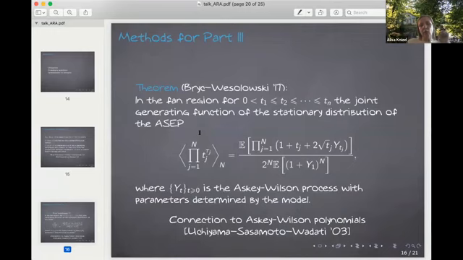The particular form of the result that we use is due to Bryc and Wesołowski from 2017.